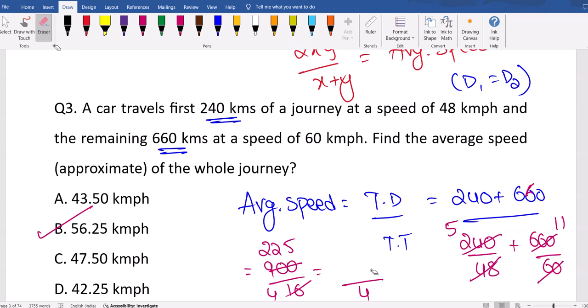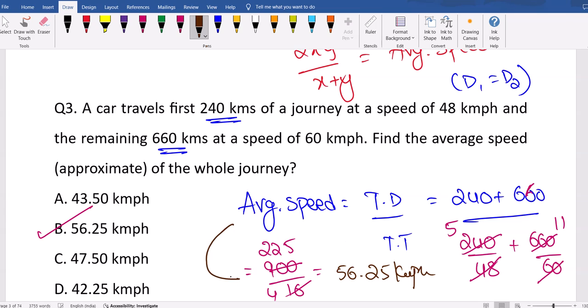With 56, only one option available. 56 means 224, and 1 by 4 is 0.25. So 56.25 kilometer per hour. Total distance divided by total time. Time is not given directly here. We know time is distance by speed. So first one distance is 240, speed is 48. Next one distance is 60, speed is 60.